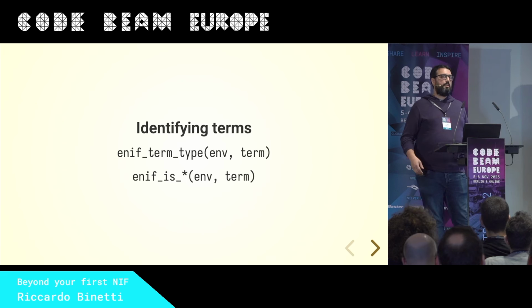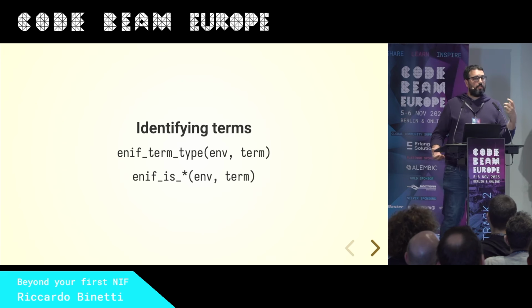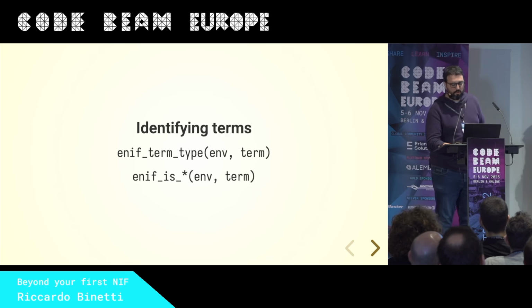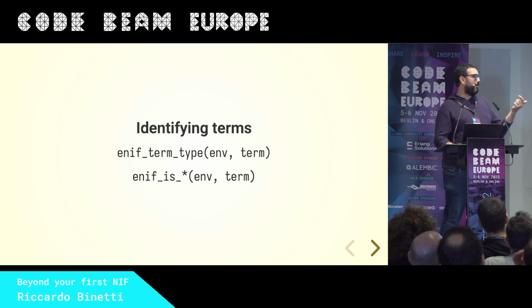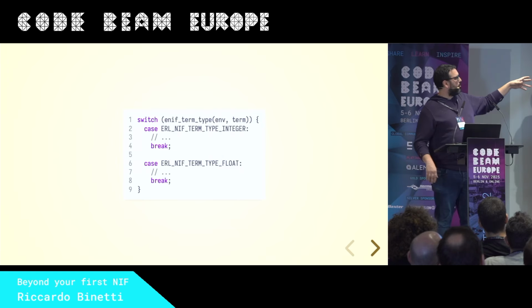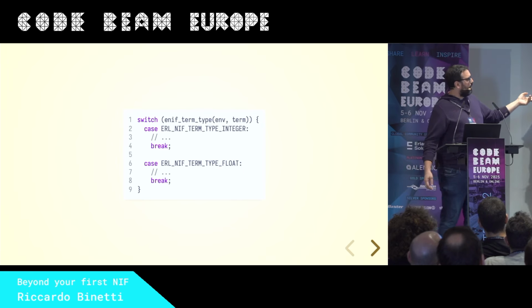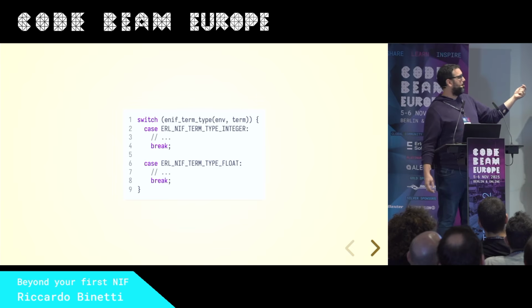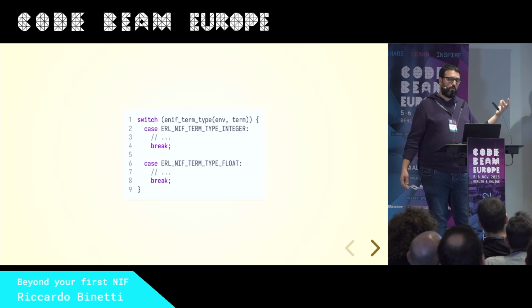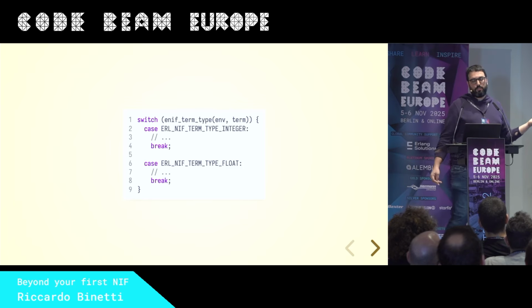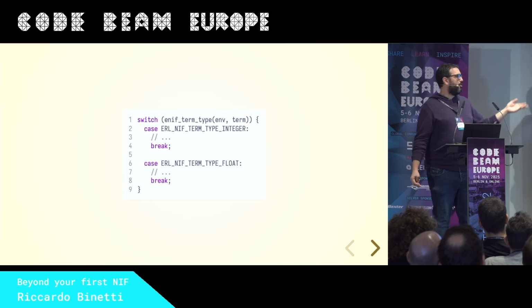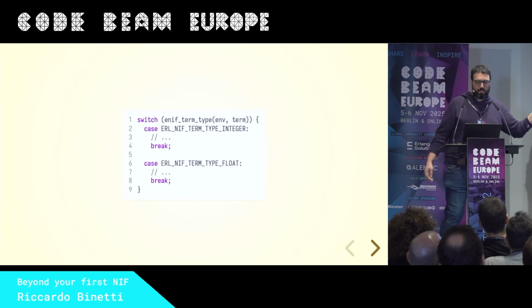The idea here is that you have separate code paths on your C side to handle the different types. For example, if you use enif_term_type, you can switch. It returns an enum that tells you what is the actual type contained inside the term, and you can have dedicated case clauses to handle that.